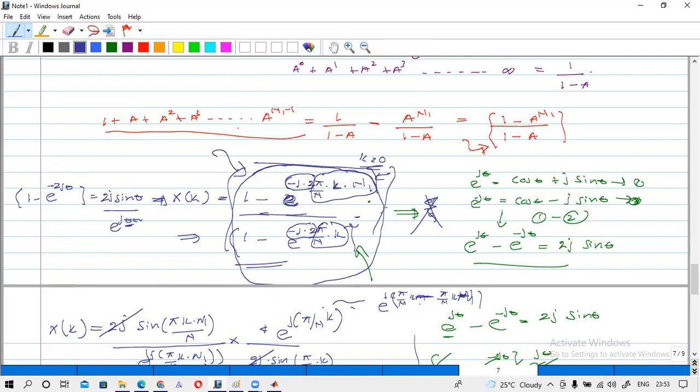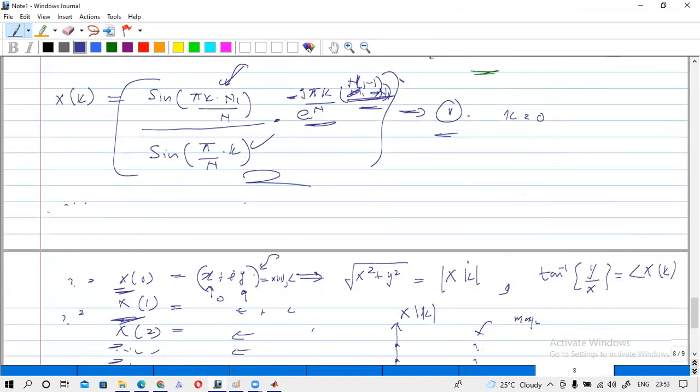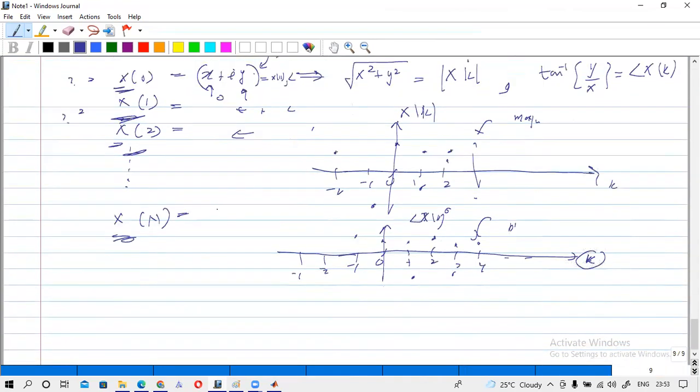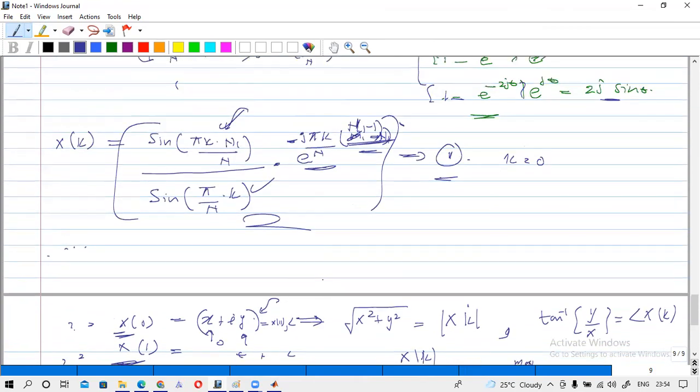So xk is equal to sin(k n1 2π/N) ... sorry, n is not there now, we have converted it to the k domain.